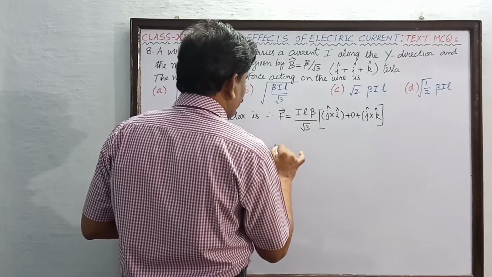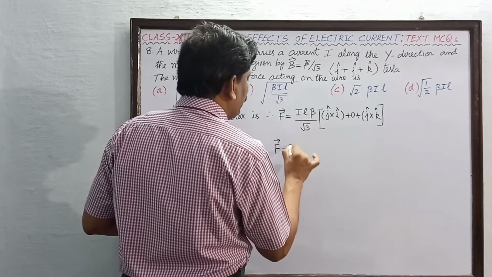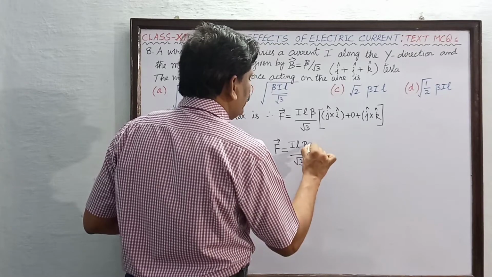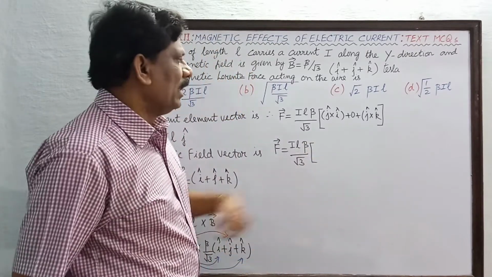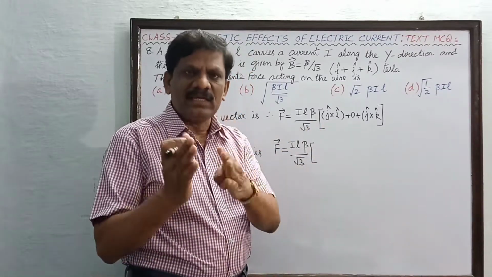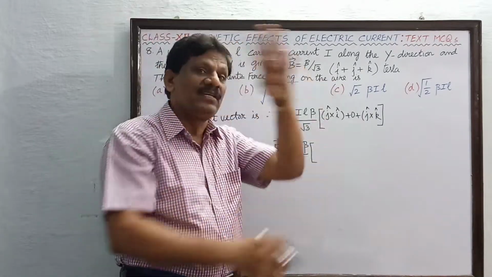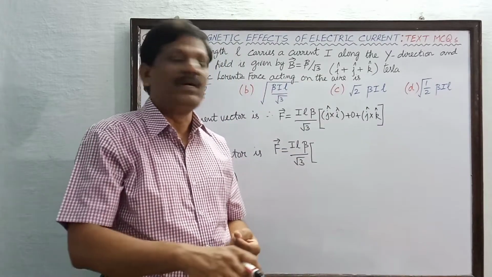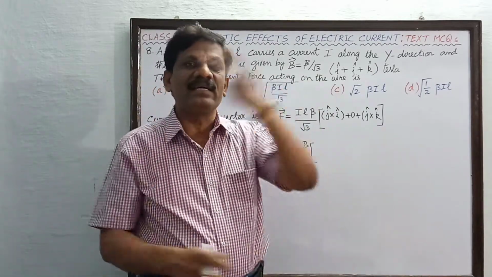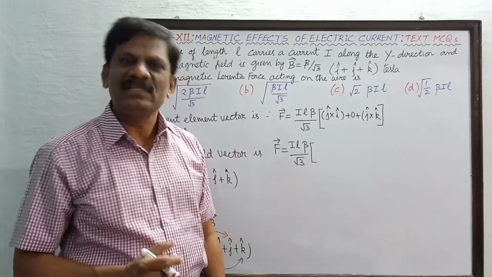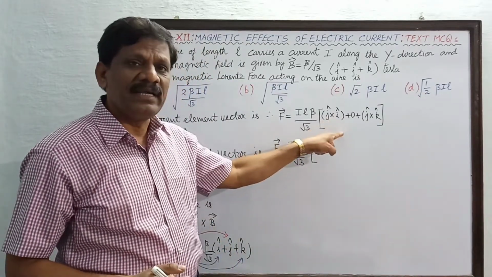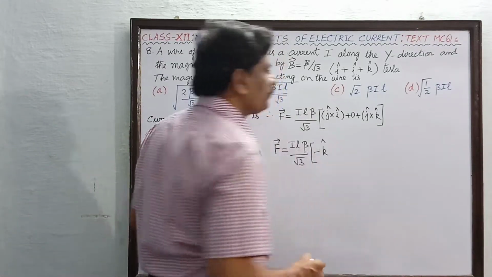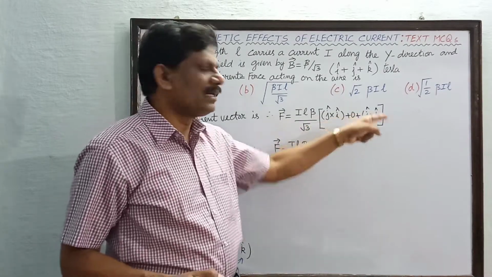Now F vector is equal to IL beta divided by root 3 into, now i cross j we have studied. I cross j in the anti-clockwise direction is equal to k. Therefore, the reverse of it, j cross i, should be minus k cap. So this is minus k cap. Then what is j cross k?